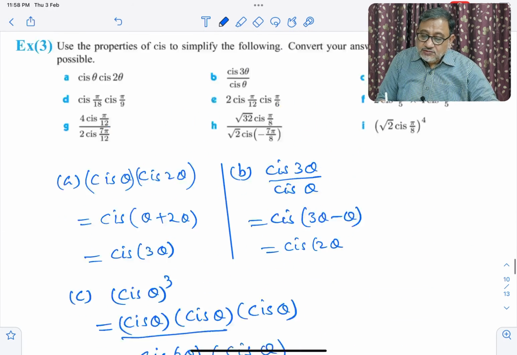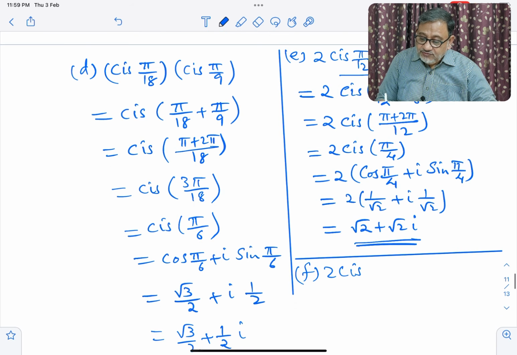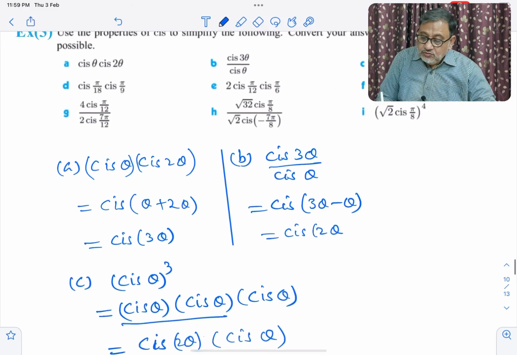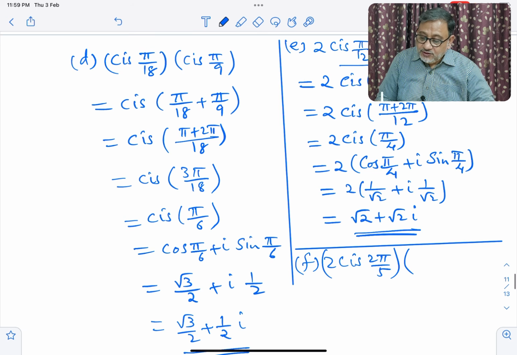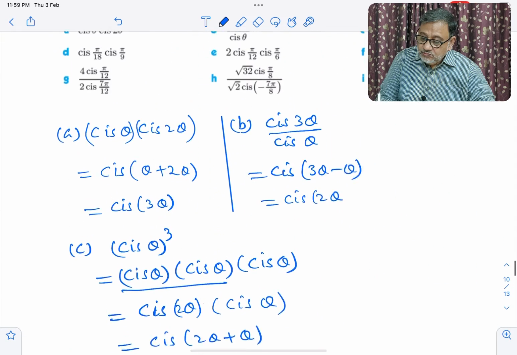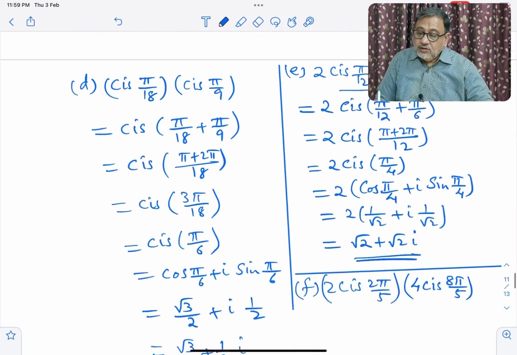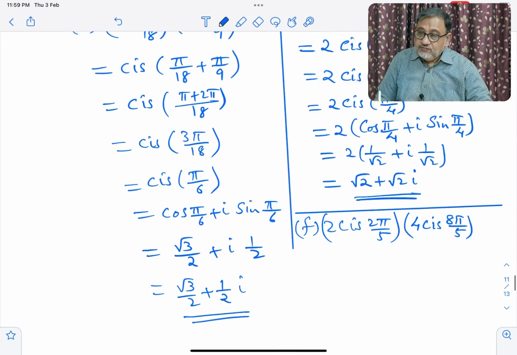Two cis 2 pi by 5 into 4 cis 8 pi by 5. Okay, 4 cis 8 pi by 5.